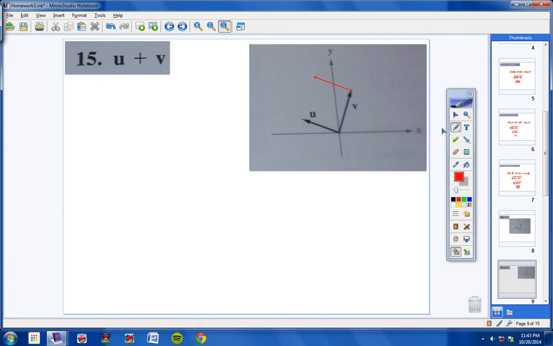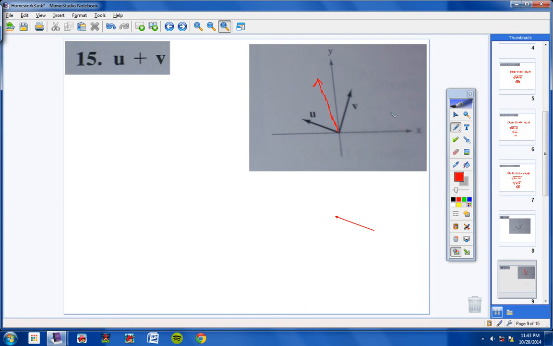And then we draw this line here, and that, students, is the resultant, or the vector you get when you take u plus v, okay?